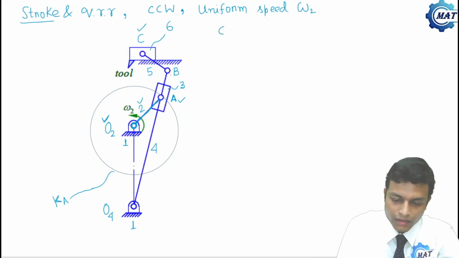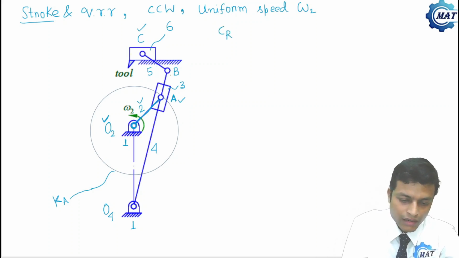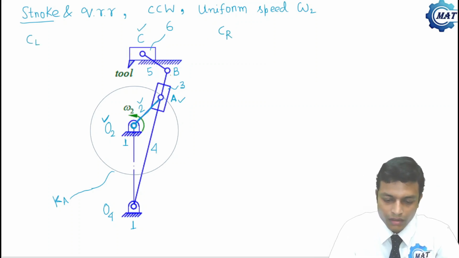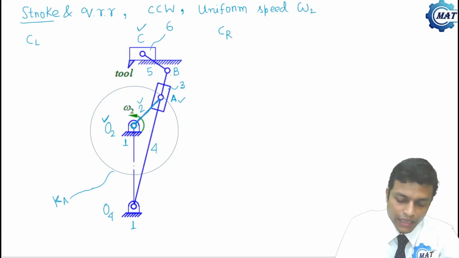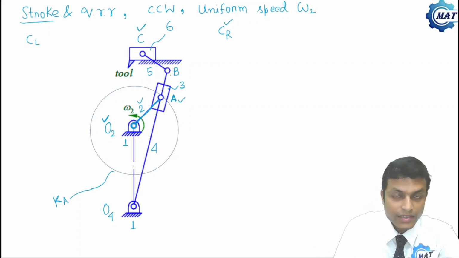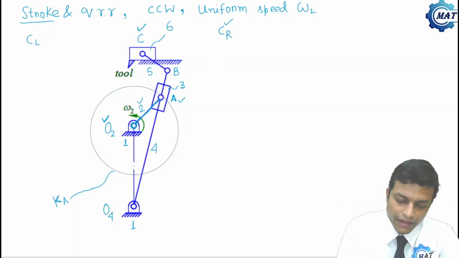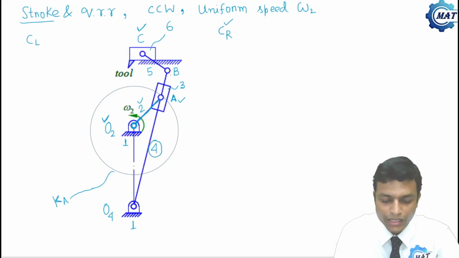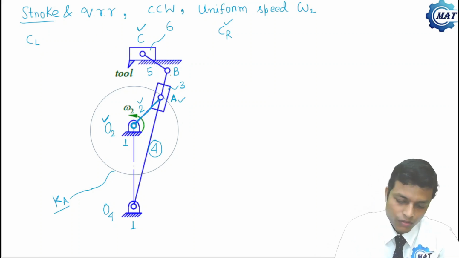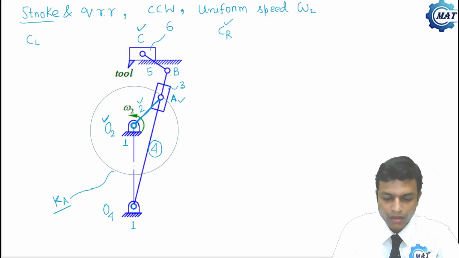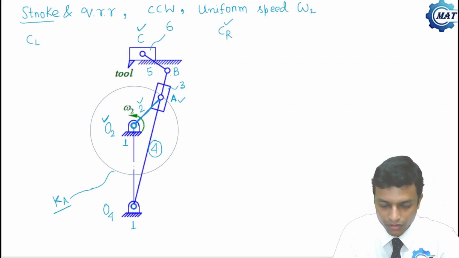Let us consider the right extreme position is CR and left extreme position is CL. So when point C is at extreme right, that is at CR, the oscillatory link, that is link number 4, will be tangent to this circle KA. So first let me draw a tangent to the circle KA from point O4.